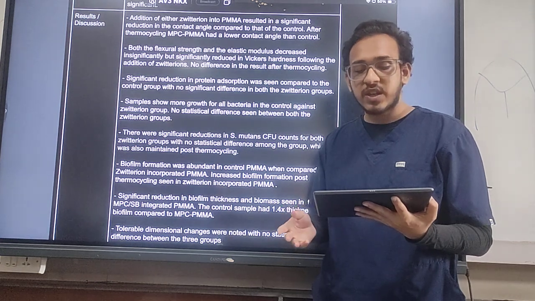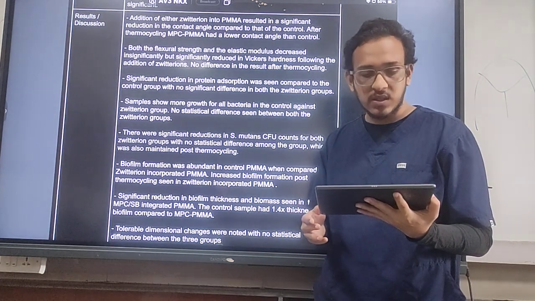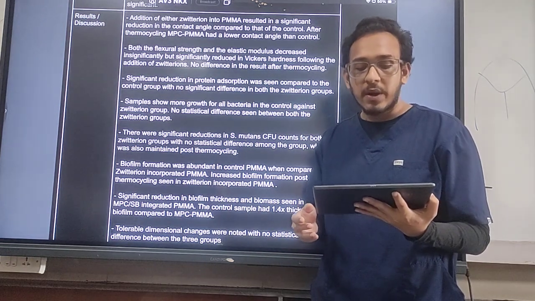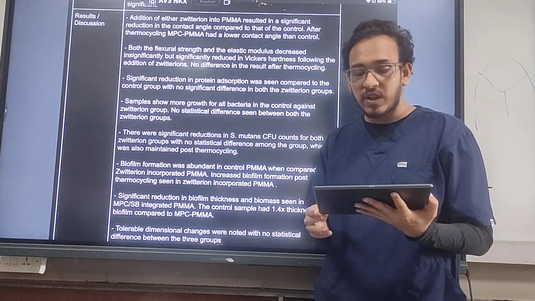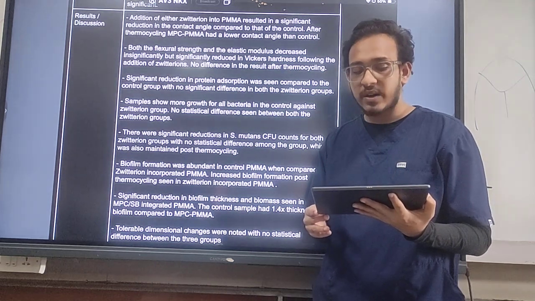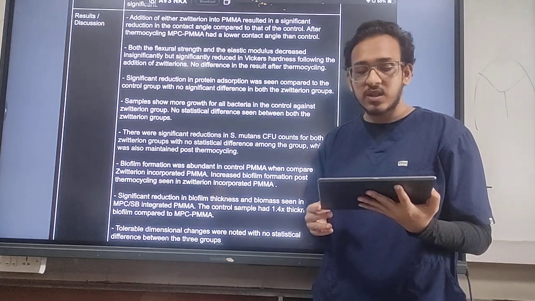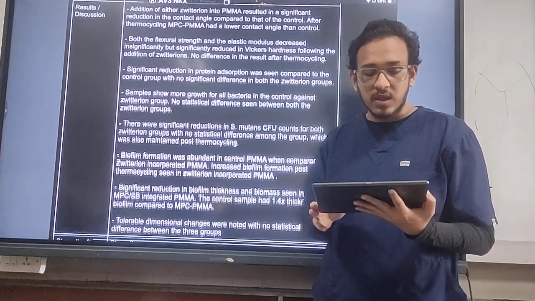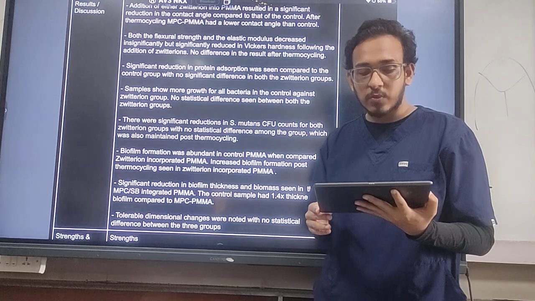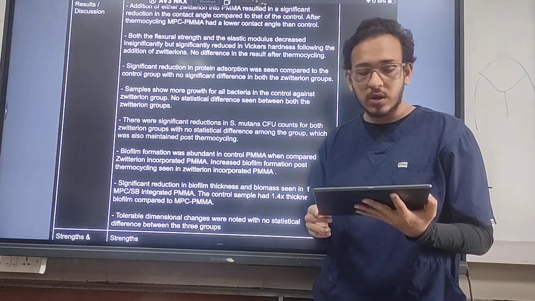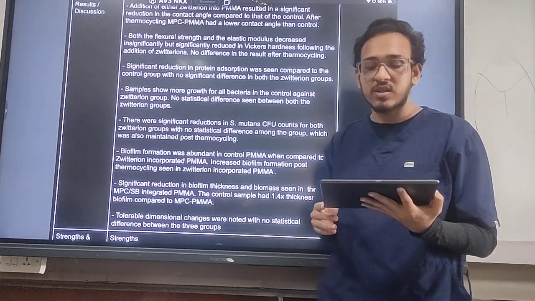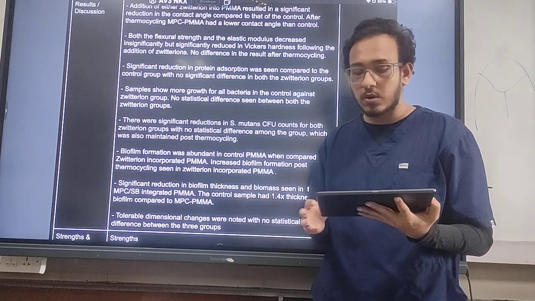Both the flexural strength and elastic modulus decreased insignificantly, but hardness was significantly reduced following the addition of Zwitterions. No difference in the results was seen after thermocycling. Significant reduction in protein absorption was seen compared to the control group, with no significant difference between both the Zwitterion groups.